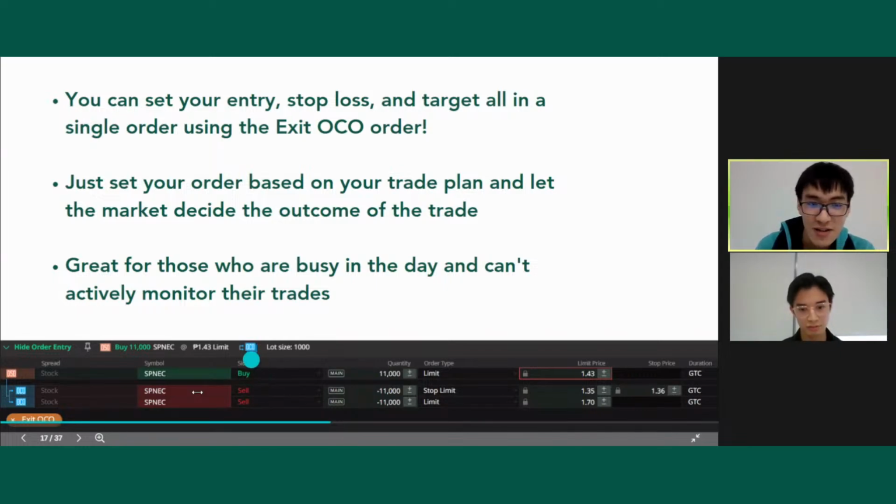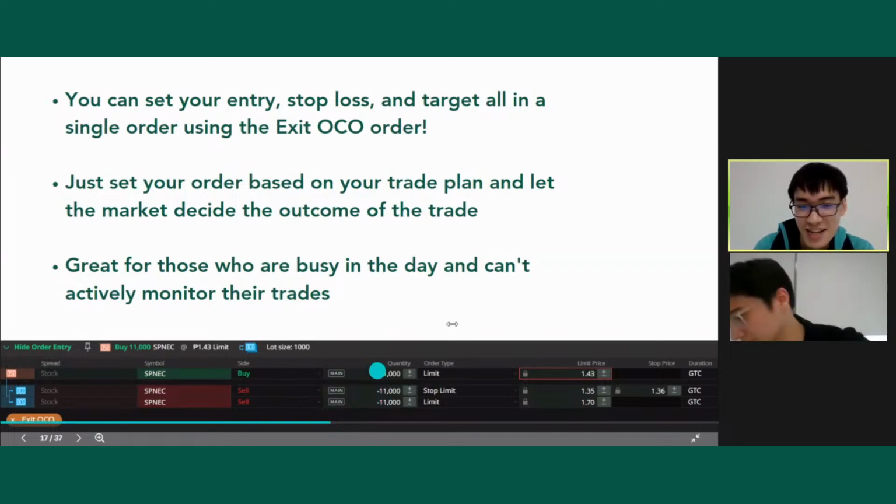So once na hit yung buy, it will activate yung stop loss mo and yung target price, target sell mo. So once you execute yung buy order, ganito na lang. So you're just gonna wait kung tatama ba siya sa stop loss mo or it will hit your target price, at mag-take profit ka.